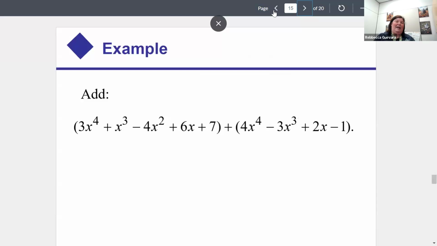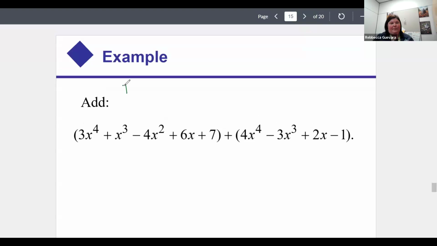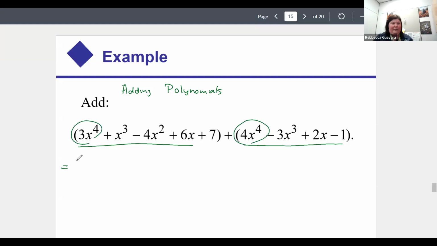So when we add polynomials, which is what we're doing here, this is one polynomial, this is another one, and I'm just saying I'm going to add them together. So all that really means is that I'm going to combine the like terms.